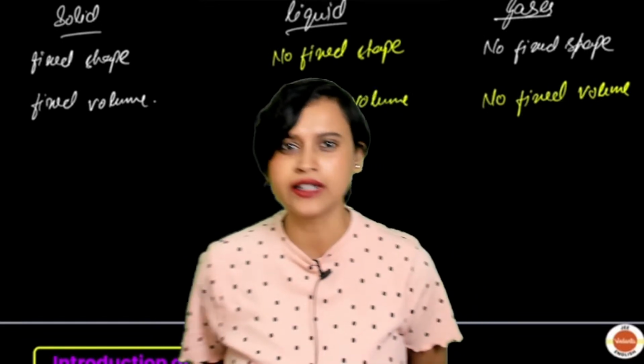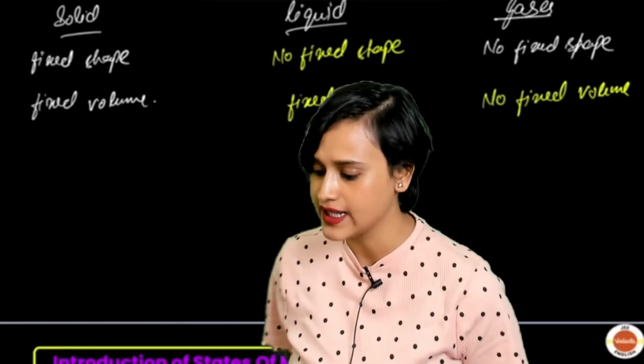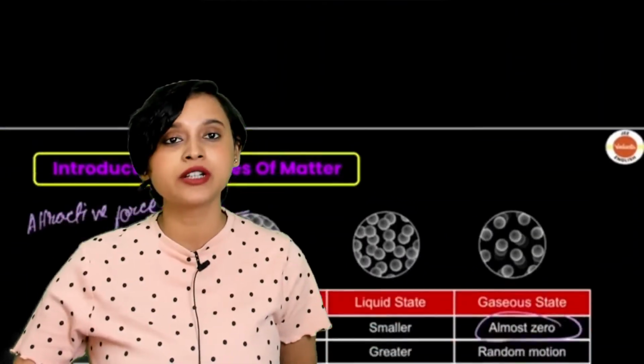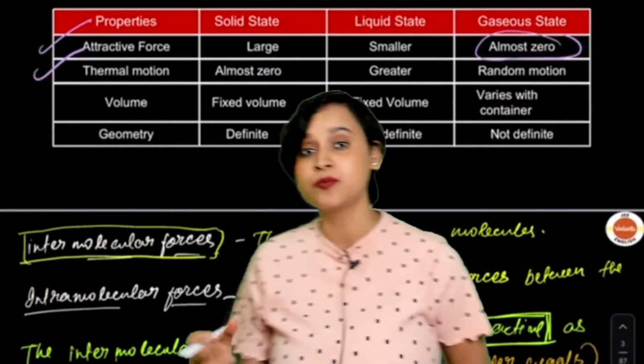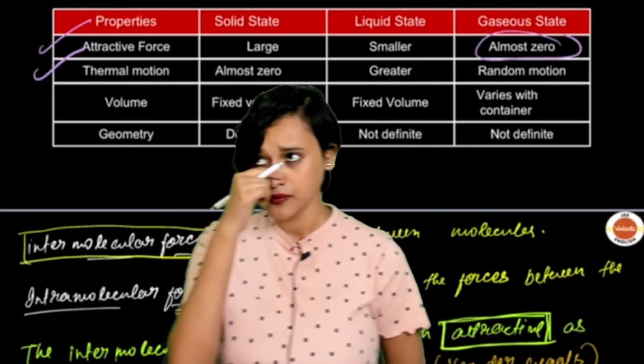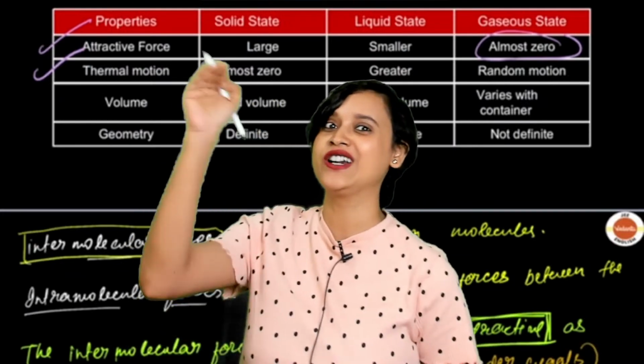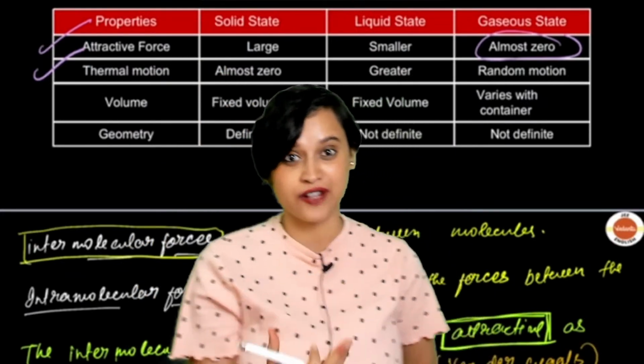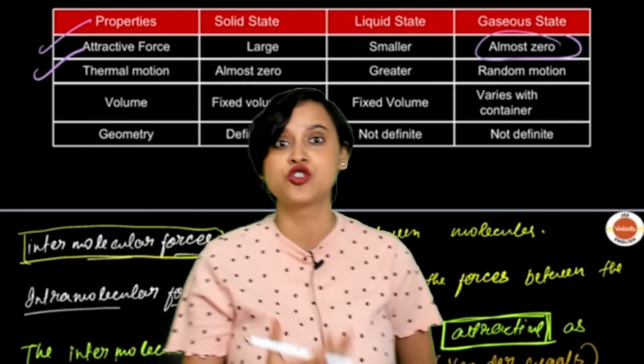Then we spoke about higher order properties like attractive force, thermal motion, volume, geometry.